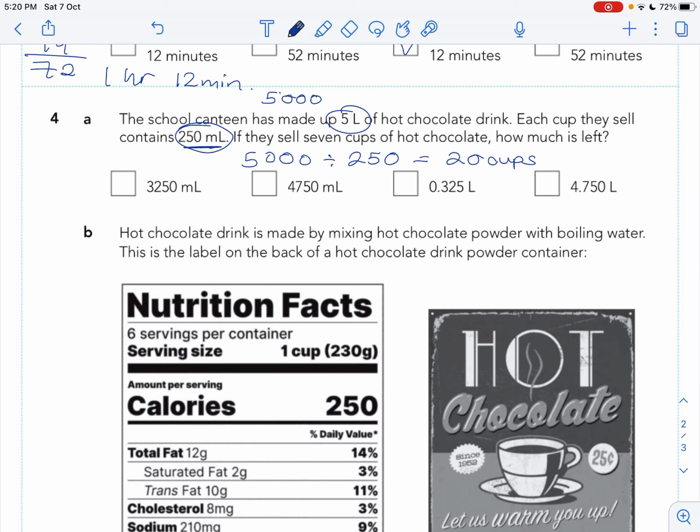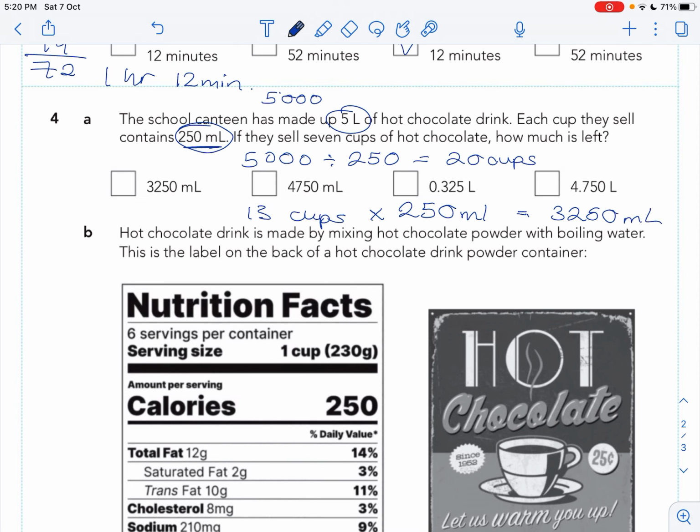So a few different ways of doing that, okay? If they sell 7 cups, that means they've got 13 cups left. And if they each contain 250 millilitres, we can times that together to work out how much we've got. And that's 3250 millilitres.